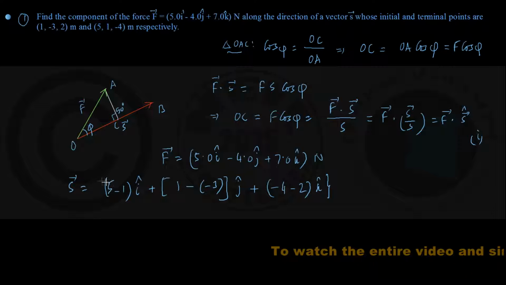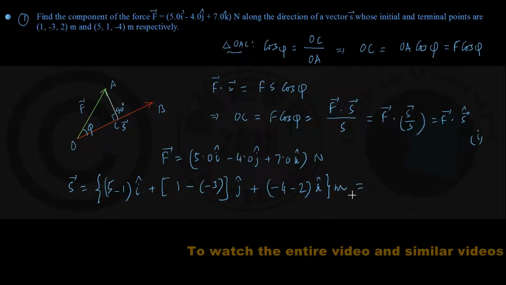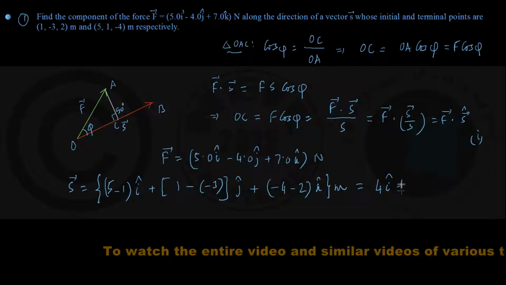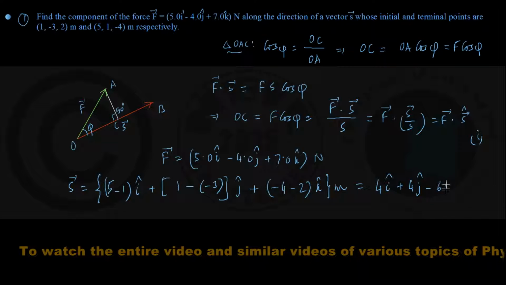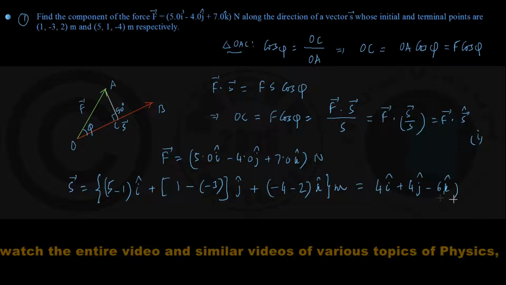This whole thing you keep inside a bracket and write the unit carefully, that is meter, and it's coming out to be 4i plus 4j minus 6k meter.